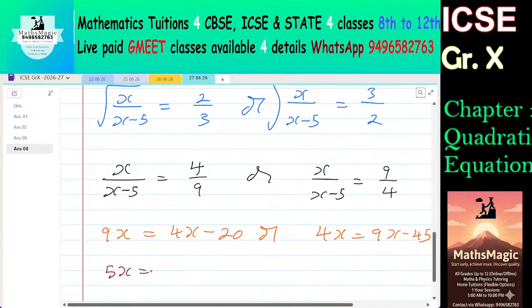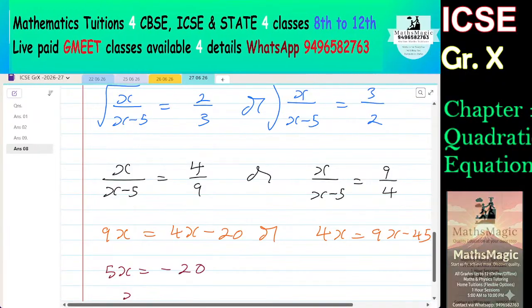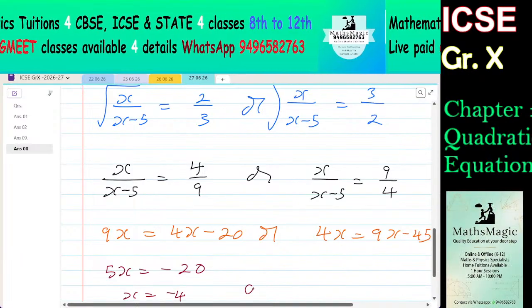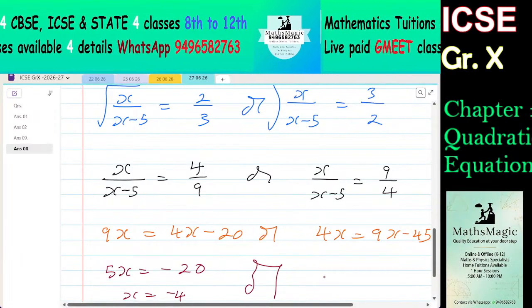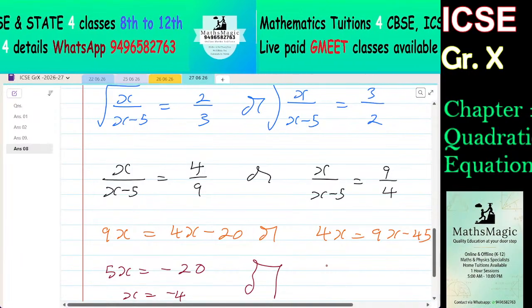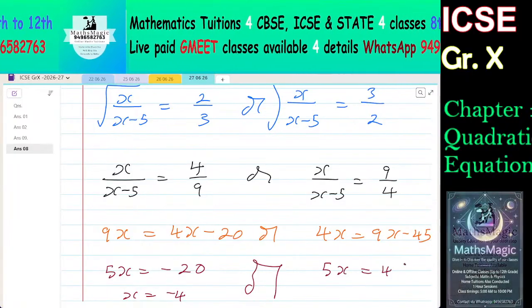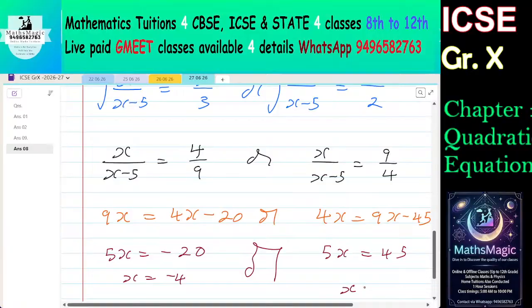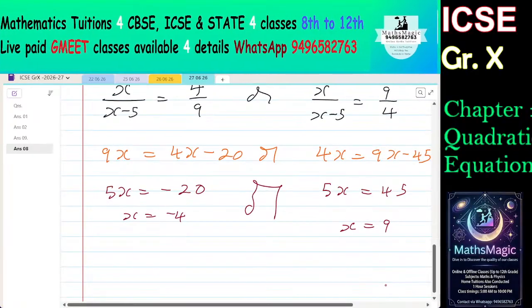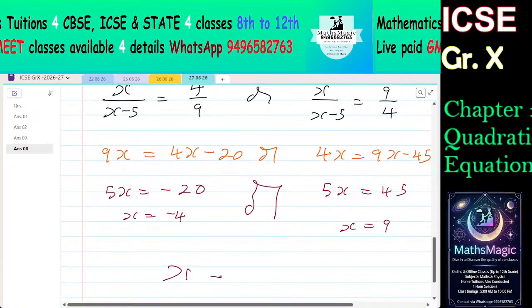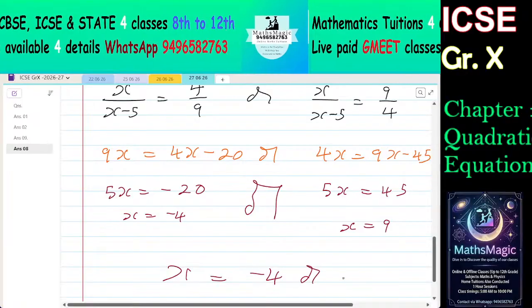Five x equals negative 20, x equals negative 4, or 9x minus 4x, 5x equals 45, x equals 9. Now you have the solution as x equal to negative 4 or 9.